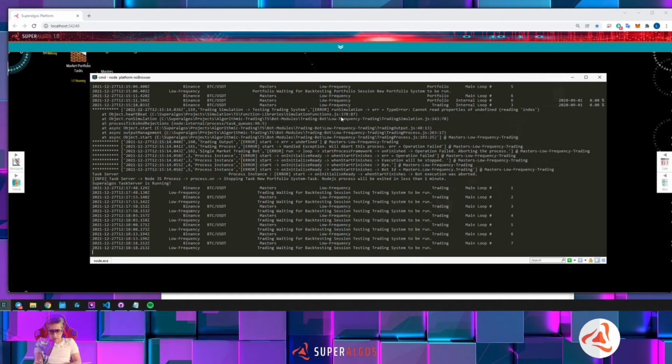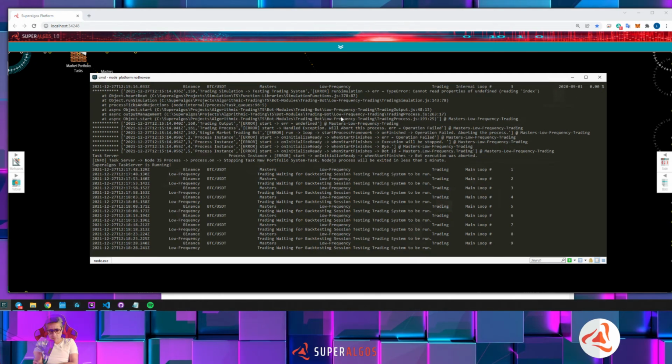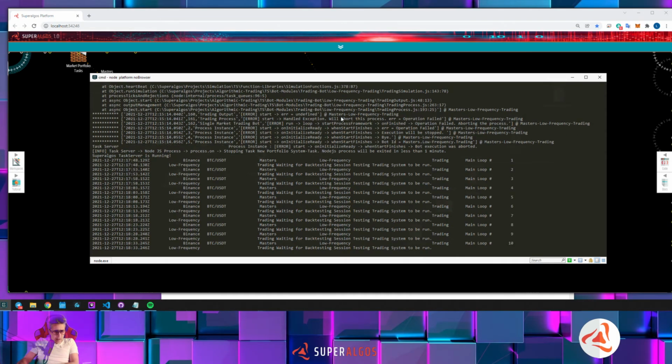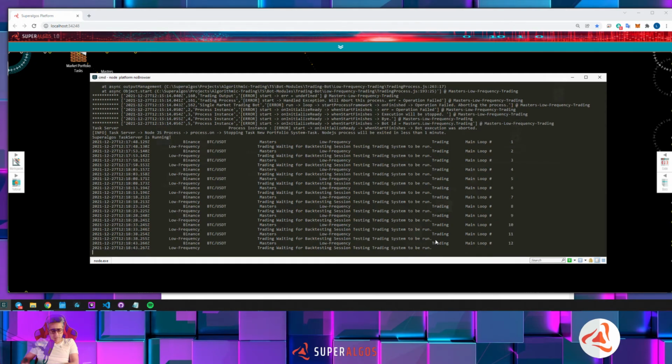I don't see the portfolio loop actually. At least not what it's saying here. Maybe we have to change that stuff.